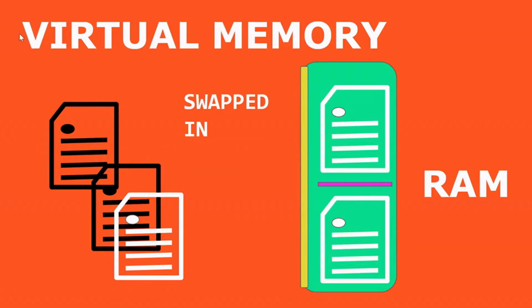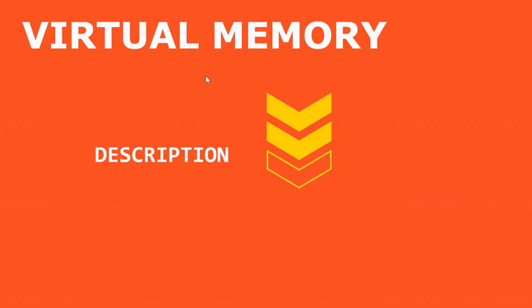So in this way, the whole big process can be executed in chunks, which will be done by the operating system. If you want to learn more about virtual memory, then I am providing you the link in the description, which you can check out.